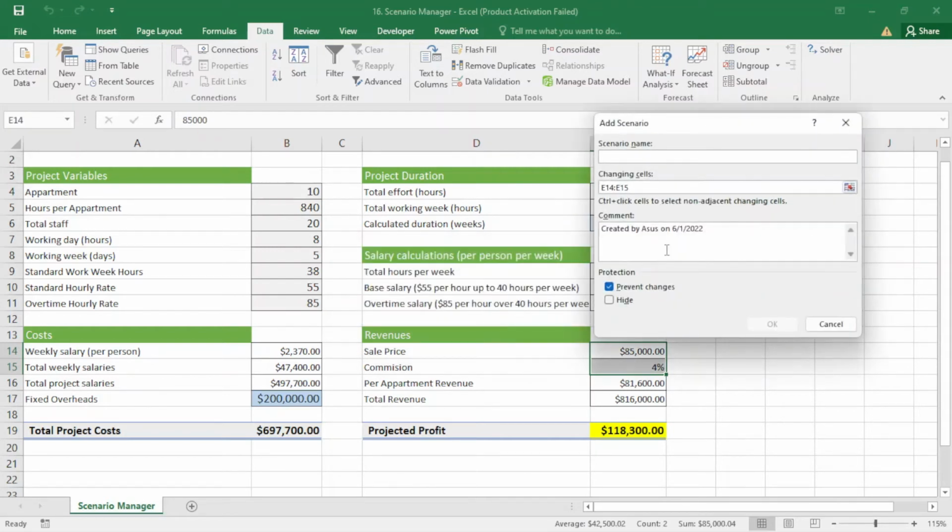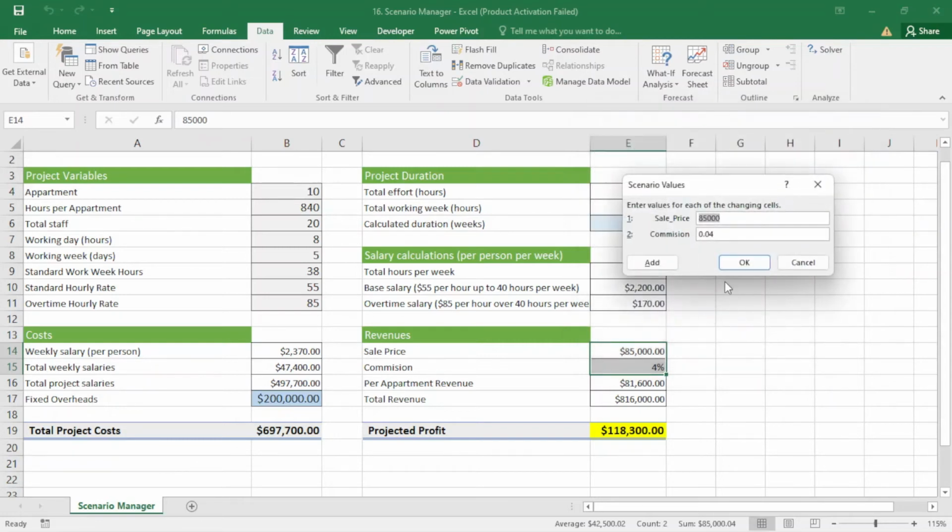Okay. So the third scenario, the sale price will increase. And here it's 85, I want to make it 95.